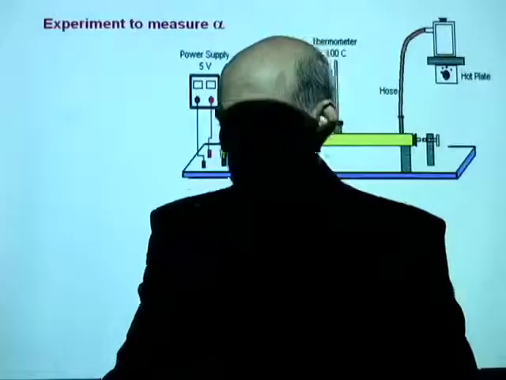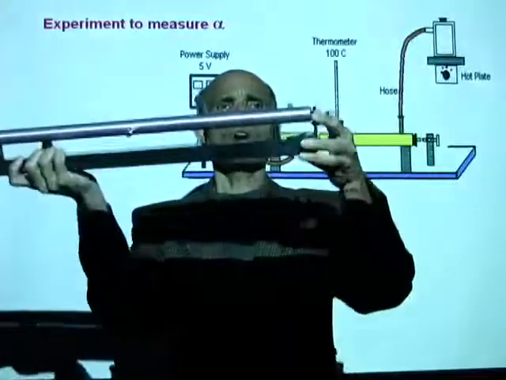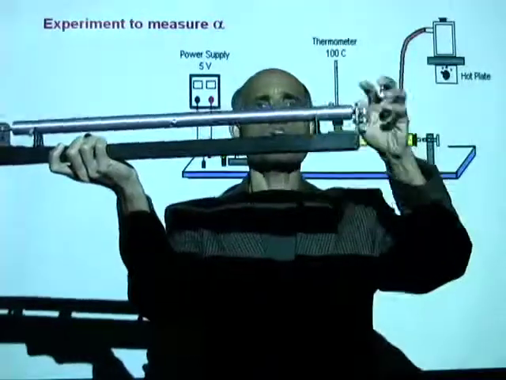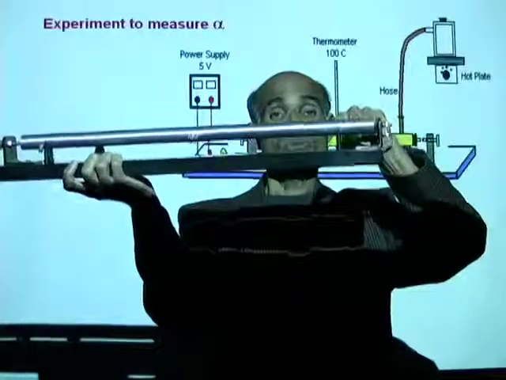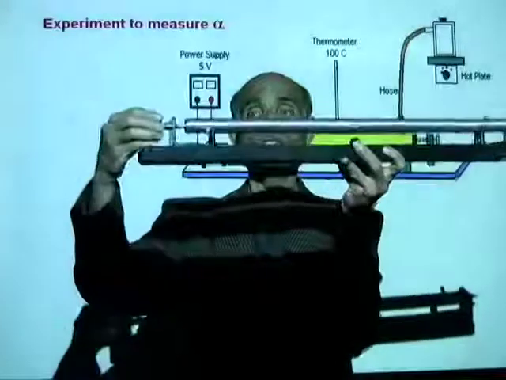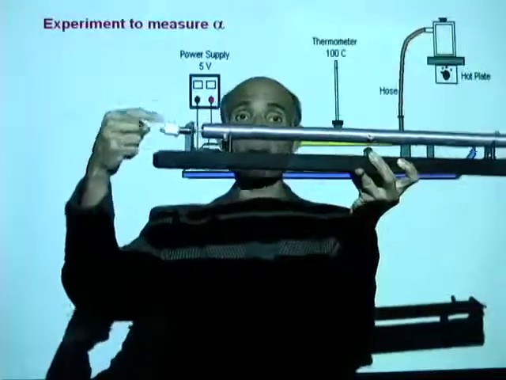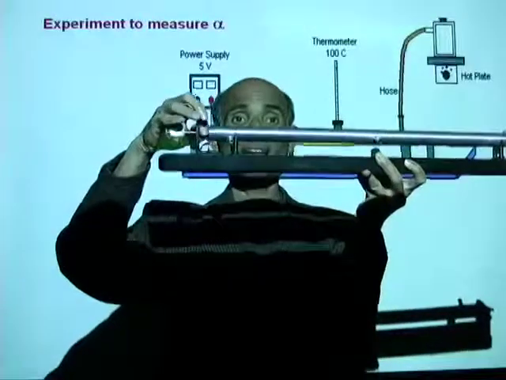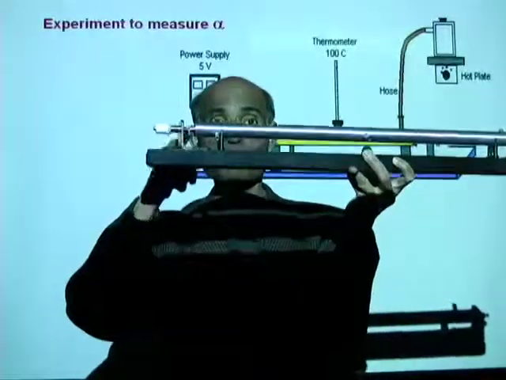And what is the specialty of this? Now, the rod is in contact with this screw, which is fixed. That means the rod cannot expand that way. And on this end, you have a micrometer screw, which can be turned so that a space can be left in here. You can see where I'm pointing.